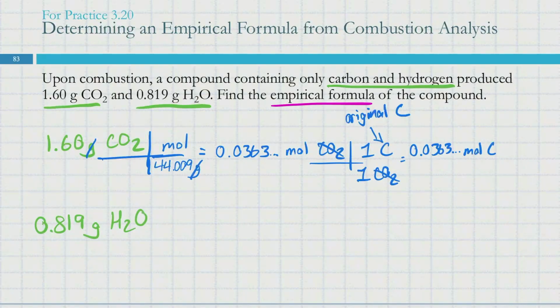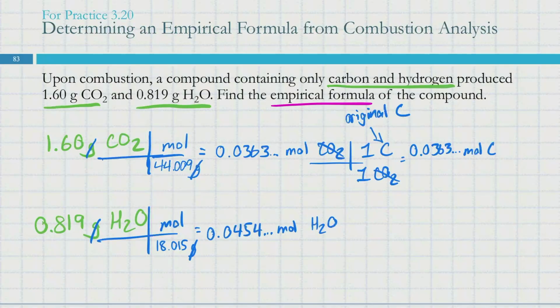We can do the same thing for our H2O. So we'll divide by our molar mass of water. We get this many moles of H2O. So how many moles of hydrogen would we have started with? Well, we need to know how many hydrogens we have in water.